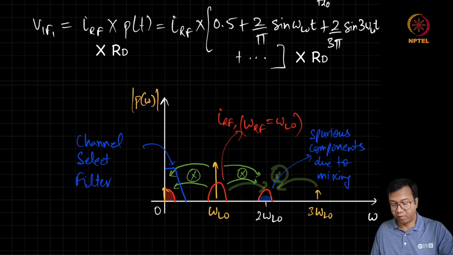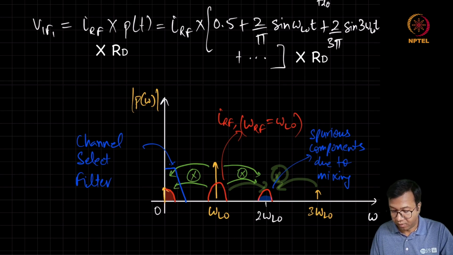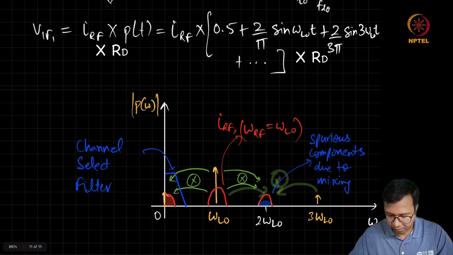So they are going to get filtered out, and we will be having only our desired signal, which can be further processed by the VGA and the ADC.